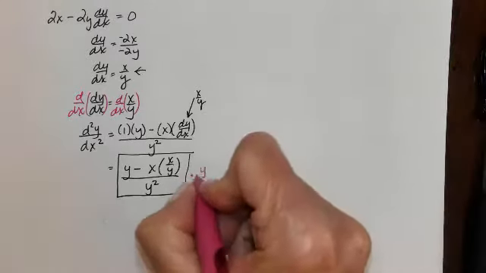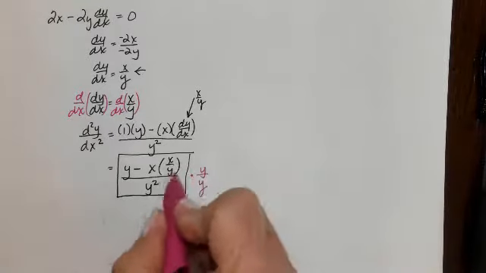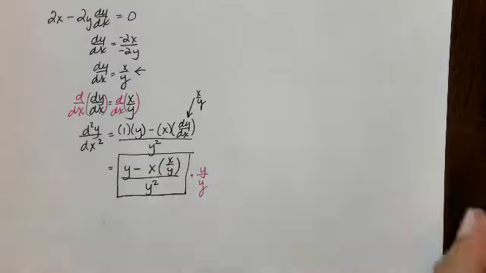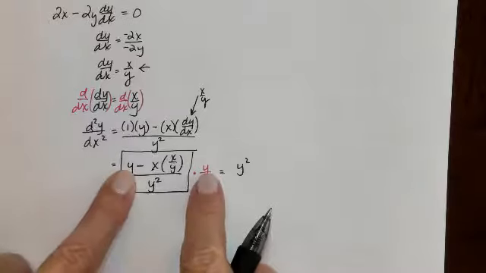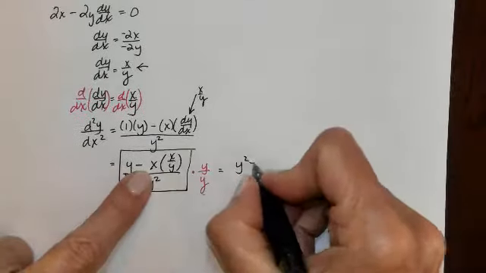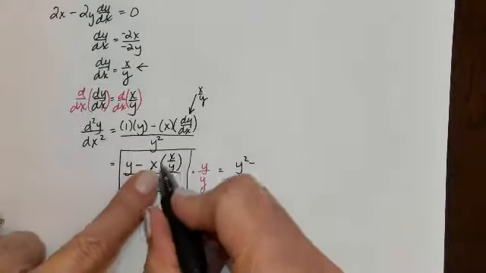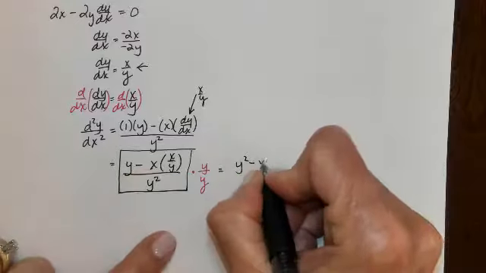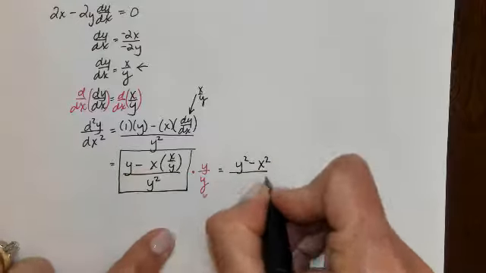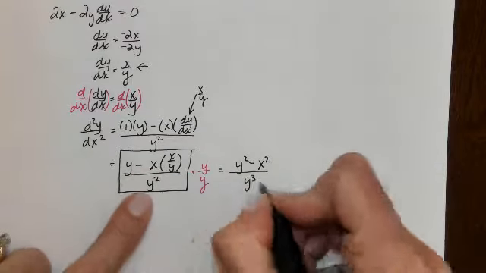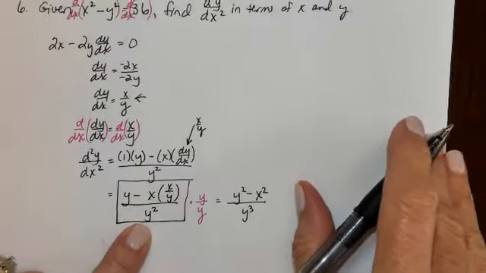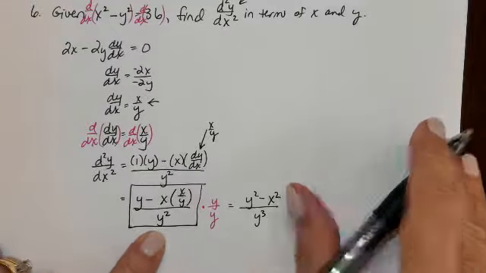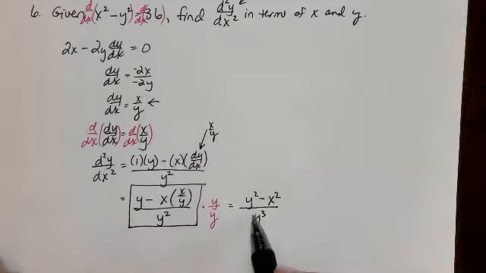So we're going to multiply top and bottom by y, since y is our little denominator, and that would give us y squared, because y times y is y squared, minus, here the y's would cancel, we'd be left with x times x, x squared, all over y cubed. Okay? This is another kind of safe stop answer, but believe it or not, what if that's not one of your choices?